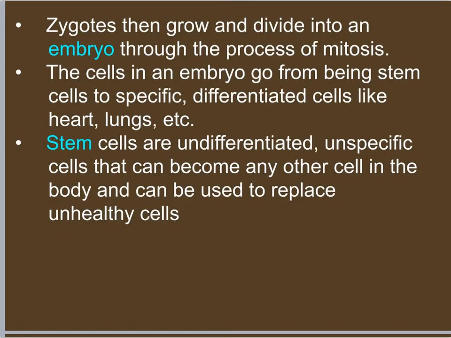So zygote is essentially conception. When you form that zygote, that's when a baby is conceived. Zygotes grow and divide into a bigger baby, into an embryo, through mitosis.